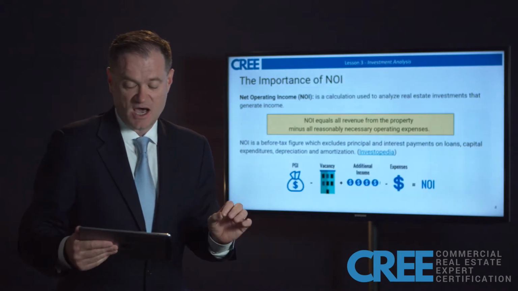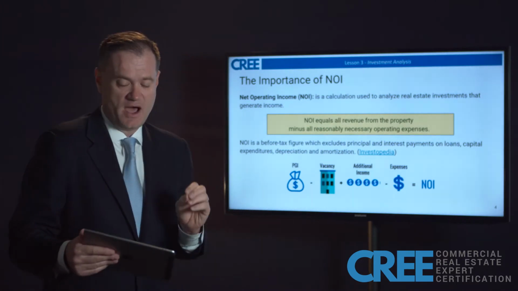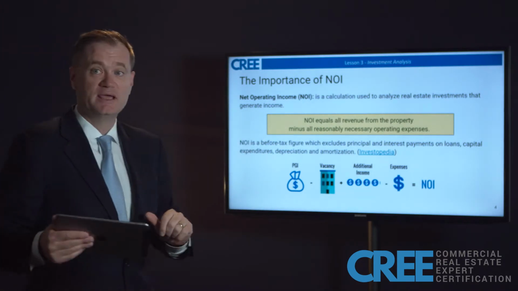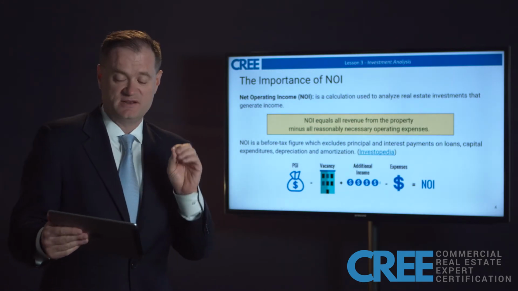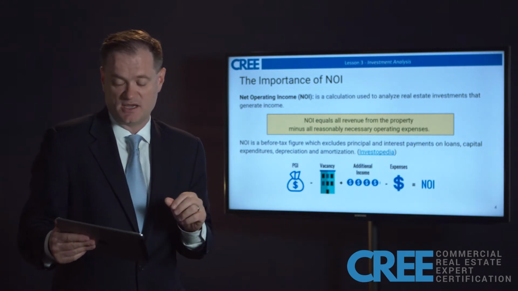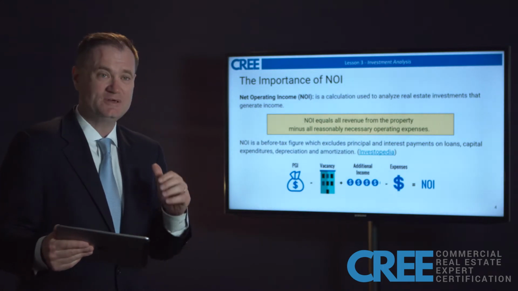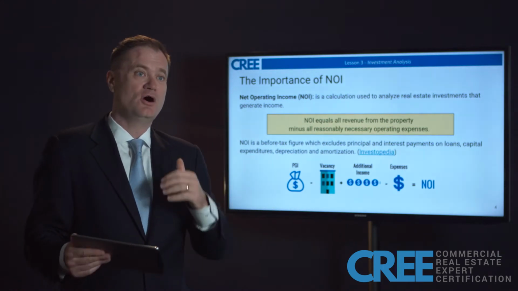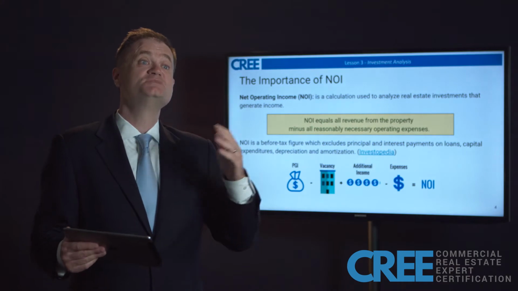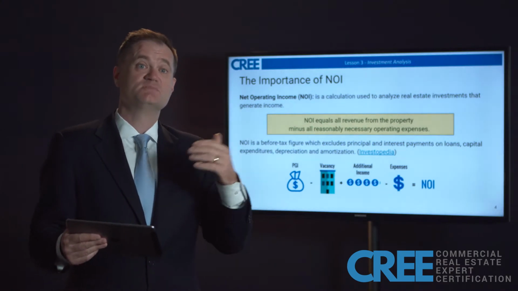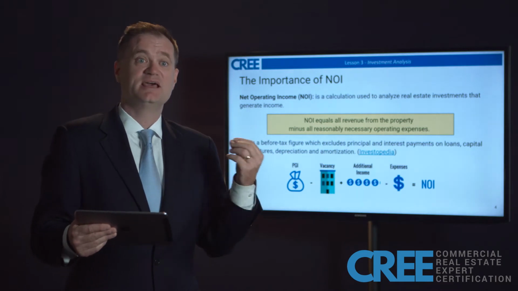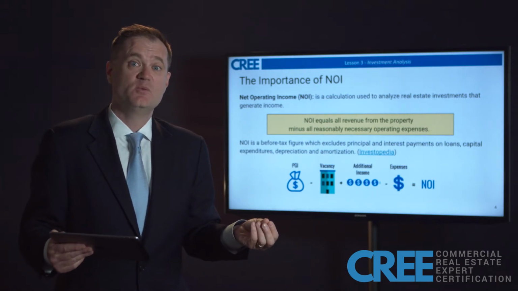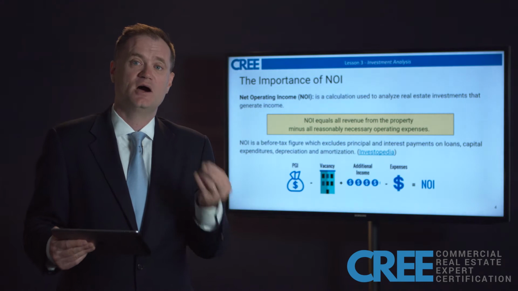So let's hop in. Let's talk about the importance of NOI. Net operating income is a calculation used to analyze real estate investments that generate income. NOI is essentially if we take all of the potential income, subtract out vacancy, and then take off any expenses of the property, we get net operating income.